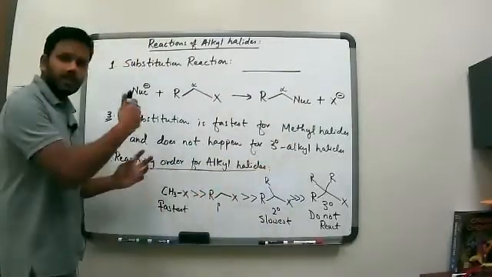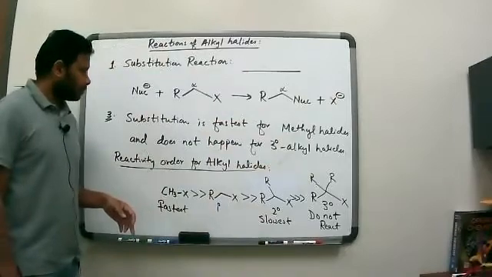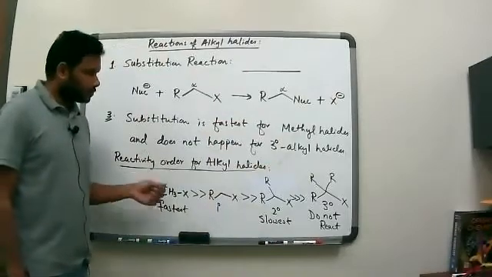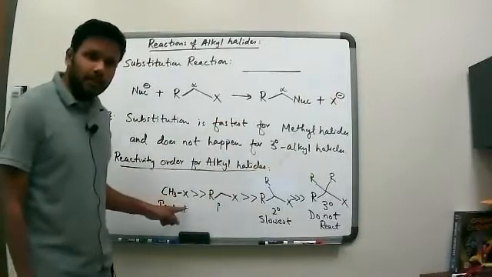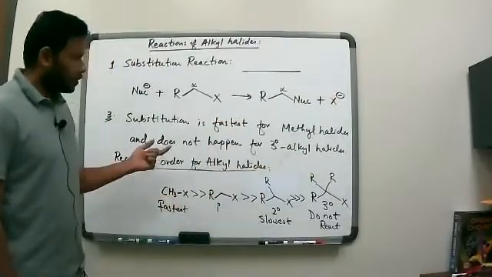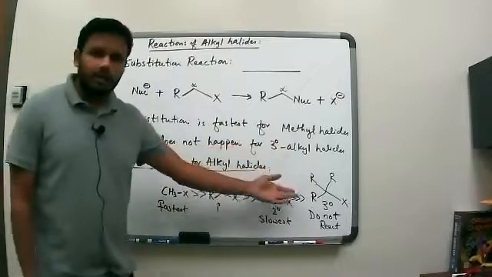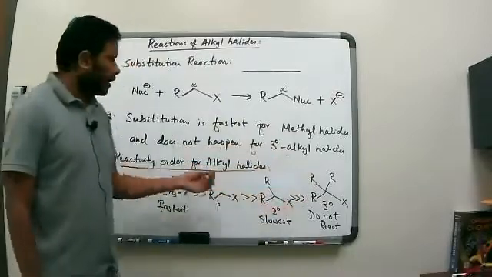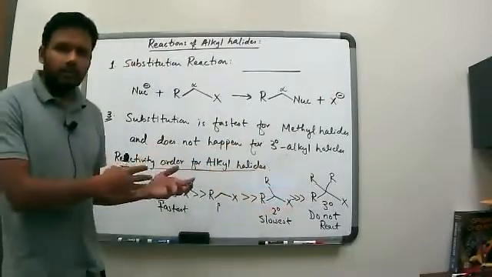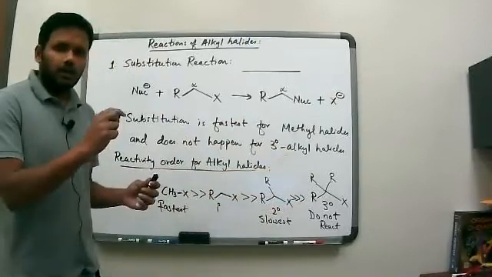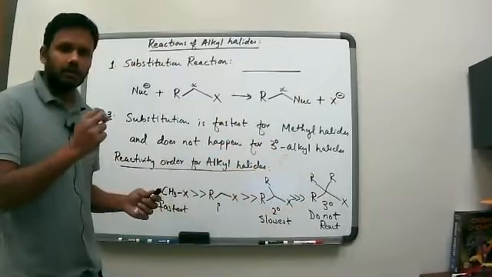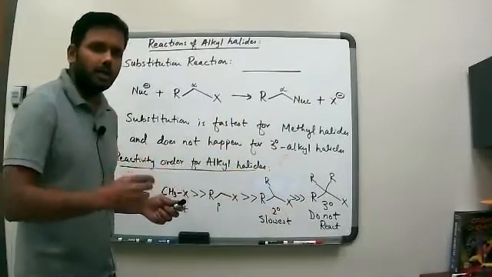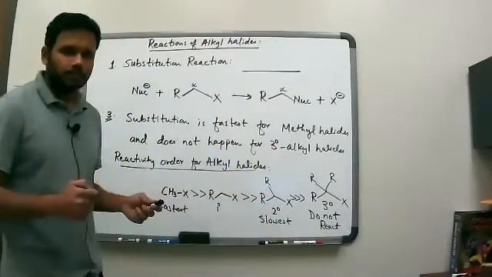But we have these additional pieces of evidence which suggest that methyl halides are the fastest, tertiary alkyl halides do not react, and then the stereochemical evidence where if the alkyl halide has a chiral center in it, the alpha carbon is chiral, then the reaction must proceed with an inversion of configuration.